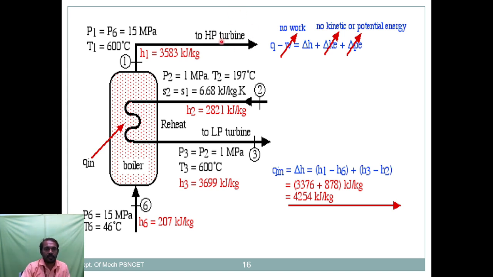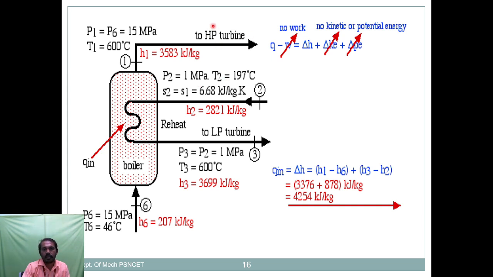Next entropy. Here there is no change in entropy. S1 and S2 are a constant value. So there is no effect on entropy but there is an effect on pressure and temperature.